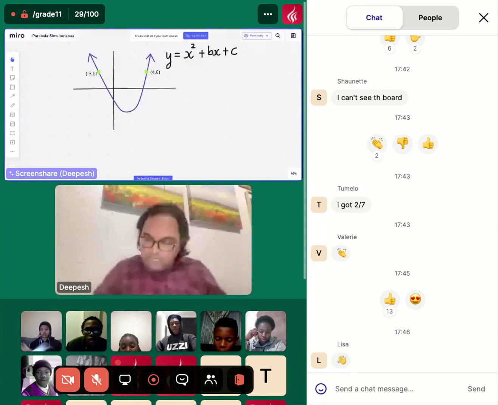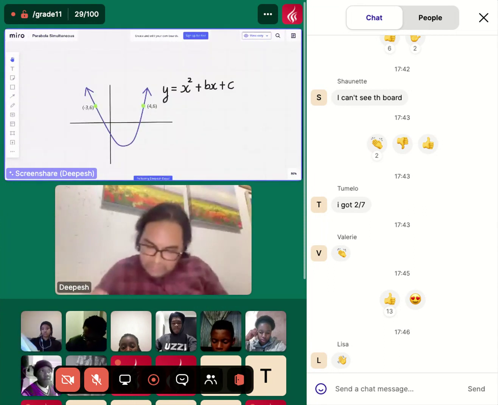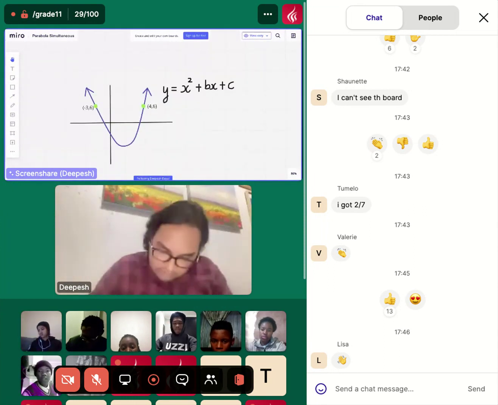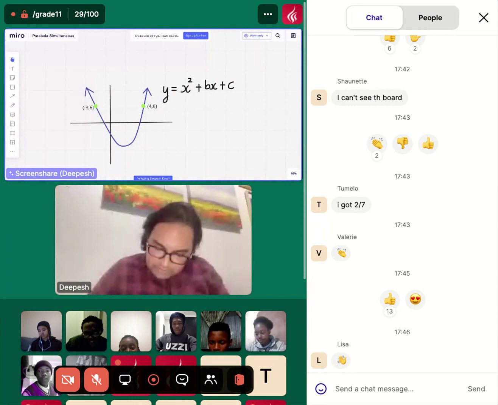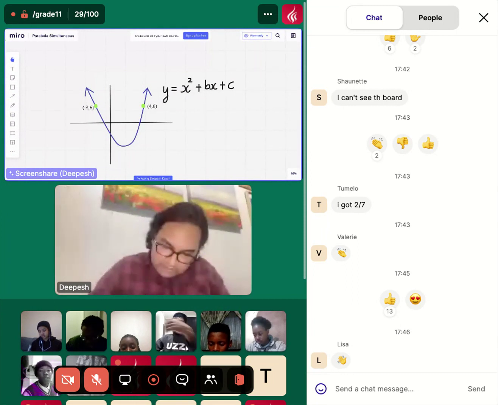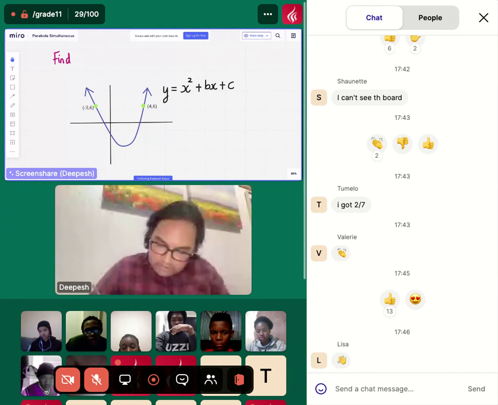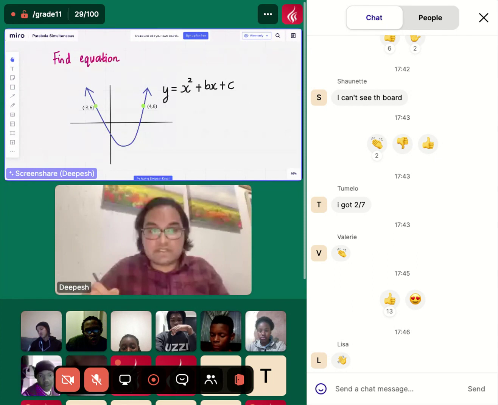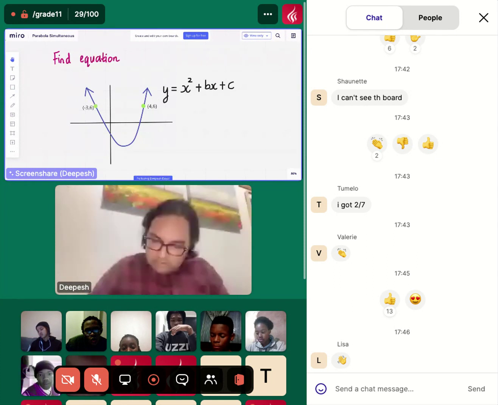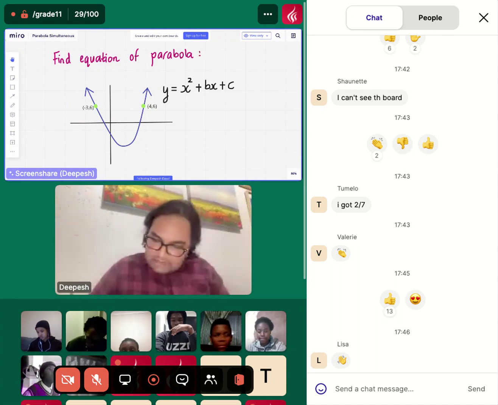The heading of this one you could say is finding equations of the parabola using simultaneous equations, right? So find the equation of the parabola using simultaneous equations.